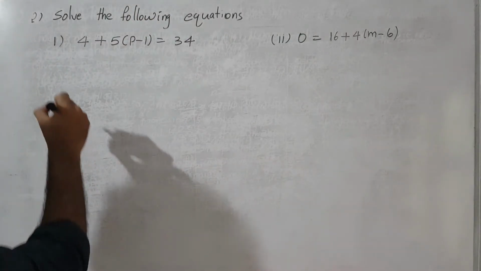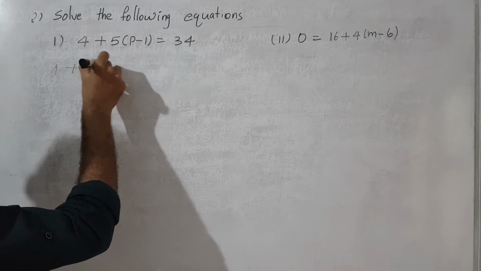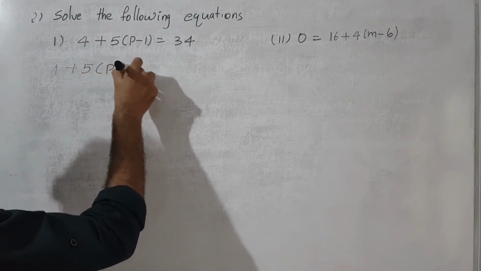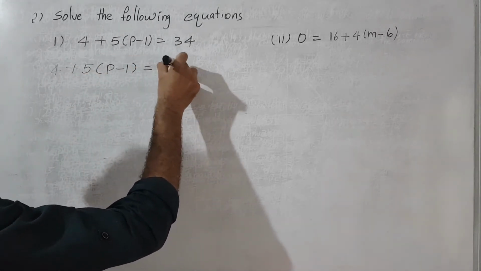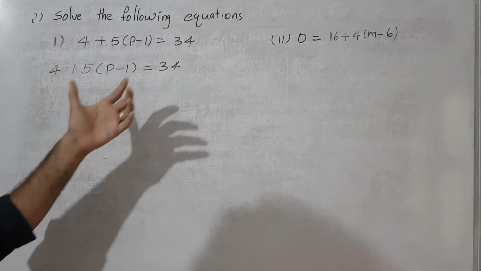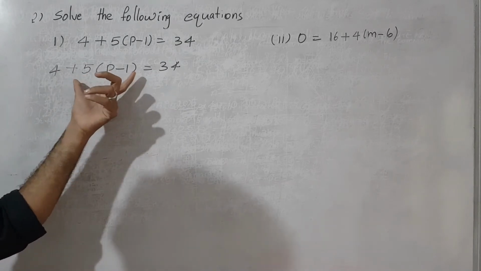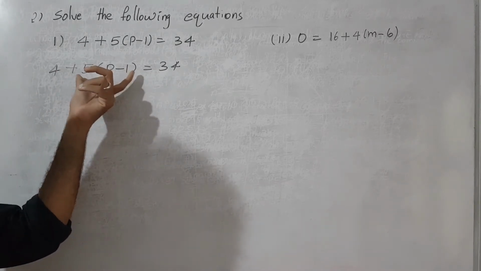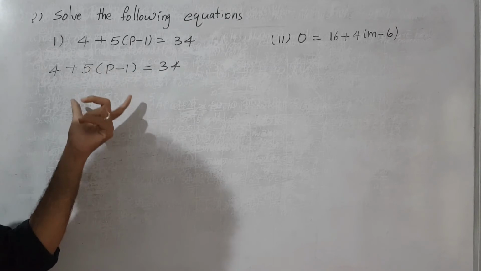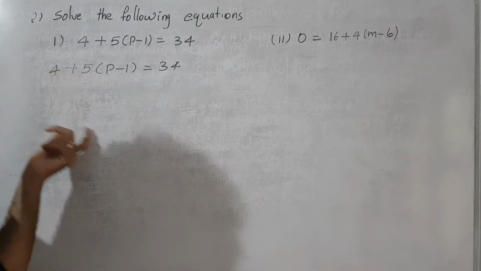First we write the same question once. 4 plus 5 into p minus 1 is equal to 34. Here this one is the term commonly multiplied with the 5, correct? So we keep this one first in the LHS and we transpose the additional number first.